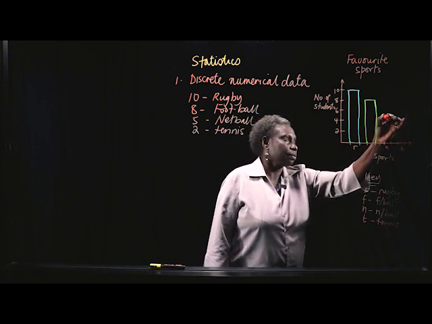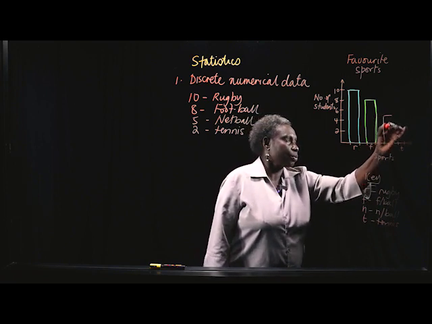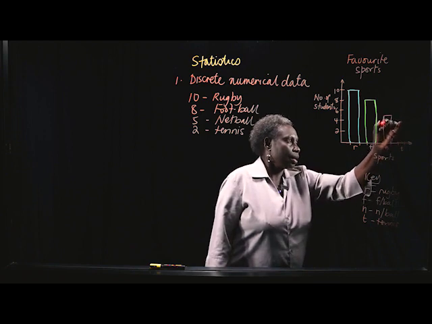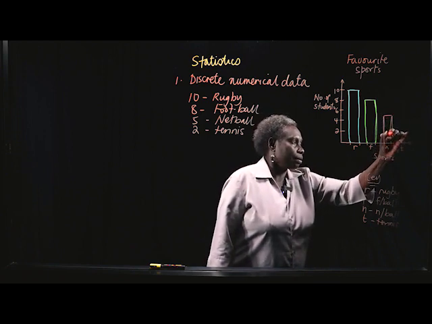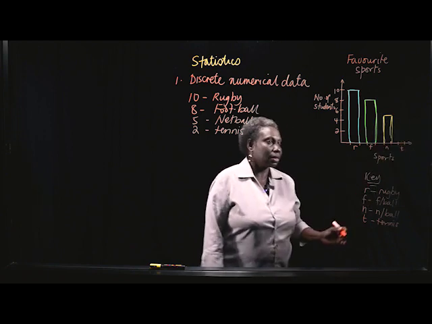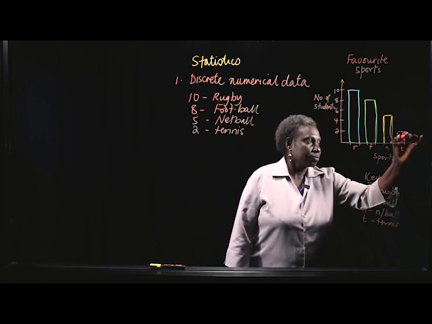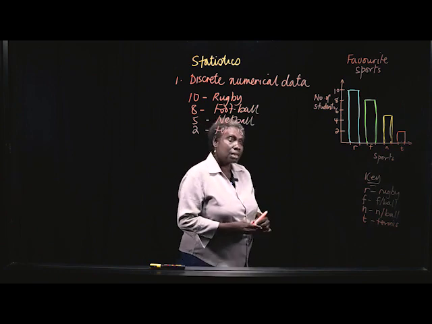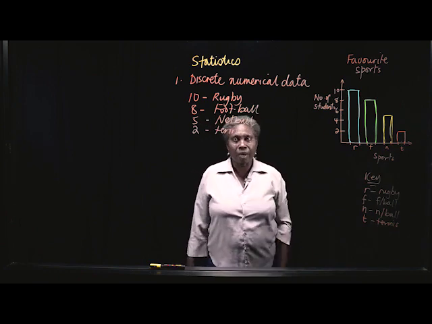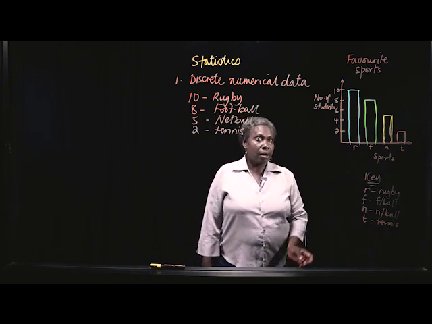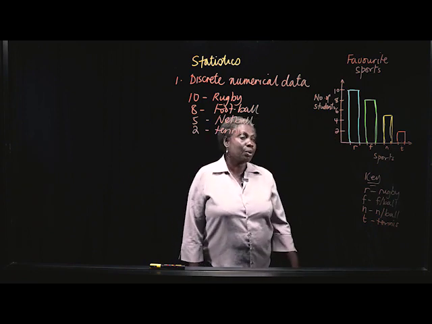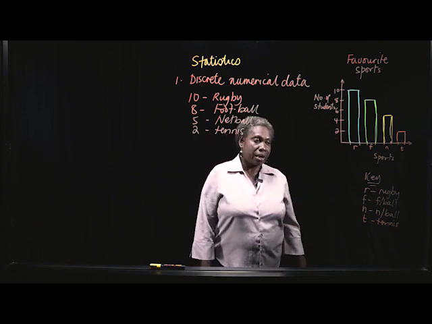It's 5. That's for netball. And 2 for tennis. So this is how you display your discrete numerical data on a bar graph.